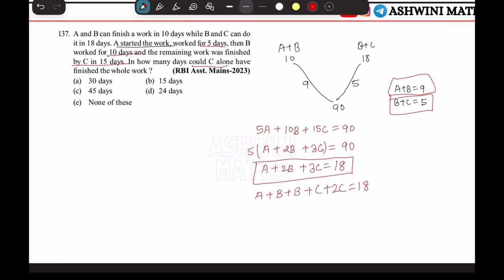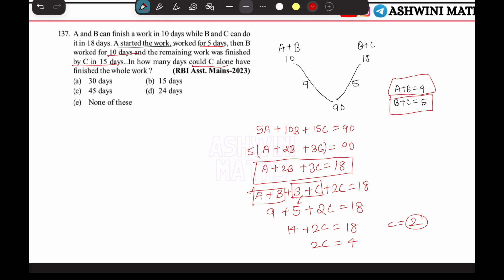Now A plus B is equal to 9, so instead of A plus B we can write 9, plus B plus C we have given as 5, so we can write here 5, plus 2C is equal to 18. So 9 and 5 will come out to be 14 plus 2C is equal to 18. So 2C will come out to be 4. So efficiency of C comes out to be 2.